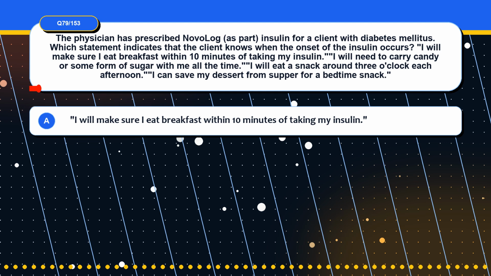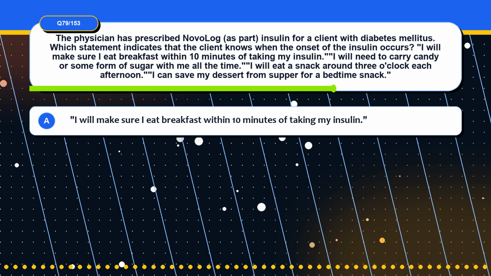Question 79. The physician has prescribed Novolog as part of insulin therapy for a client with diabetes mellitus. Which statement indicates that the client knows when the onset of the insulin occurs? I will make sure I eat breakfast within 10 minutes of taking my insulin. I will need to carry candy or some form of sugar with me all the time. I will eat a snack around 3 o'clock each afternoon.